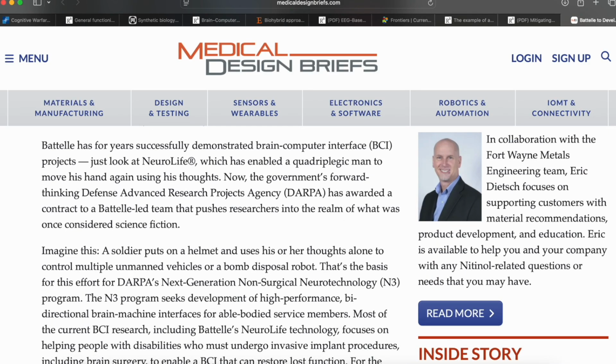Battelle has for years successfully demonstrated brain-computer interface projects. Just look at Neurolife, which has enabled a quadriplegic man to move his hand again using his thoughts. Now, the government's forward-thinking Defense Advanced Research Projects Agency, DARPA, has awarded a contract to a Battelle-led team that pushes researchers into the realm of what was once considered science fiction.